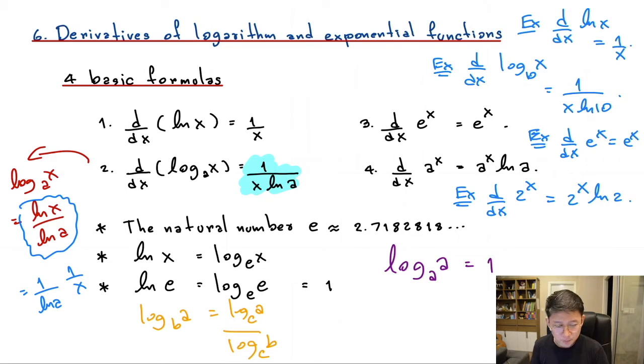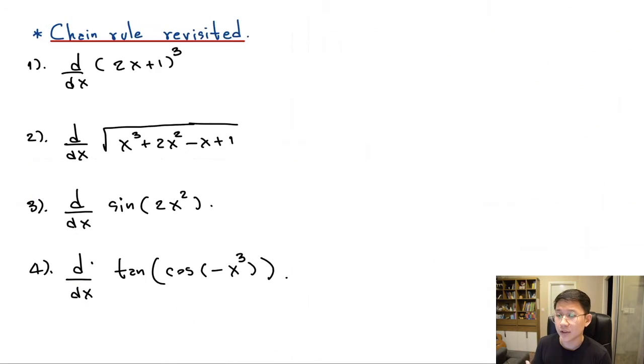So let's look at this one, chain rule revisited. We get back to the chain rule again, but for this one I'm not going to use u and w anymore.